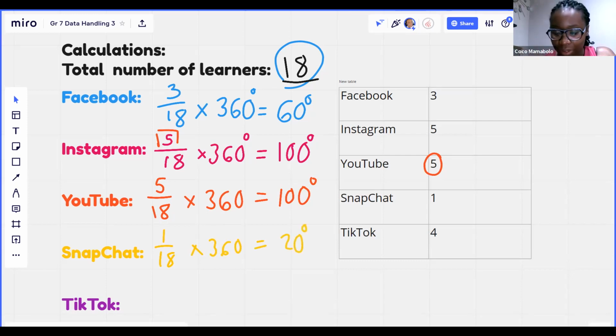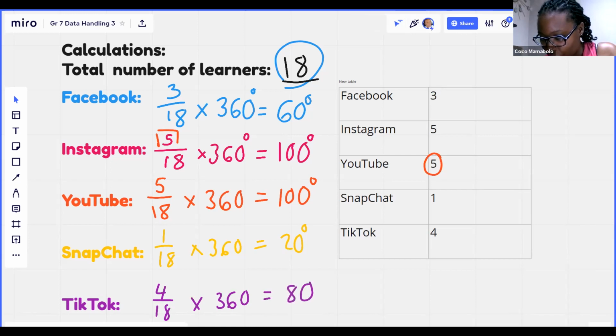Okay, awesome. And then we've got our last one, TikTok. Uko, can you help us calculate for TikTok? Ma'am, 4 divided by 18 times 360 degrees. And how much do we get there? 80 degrees, ma'am.